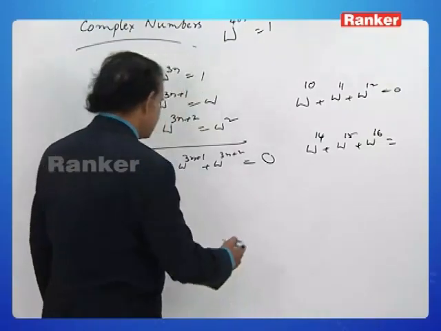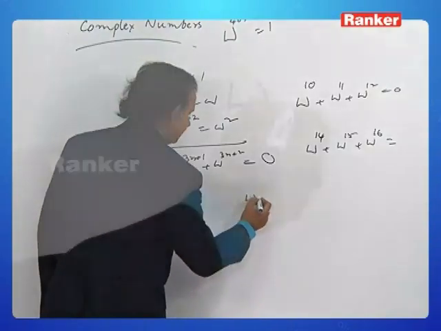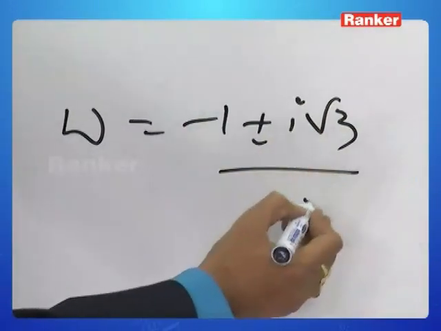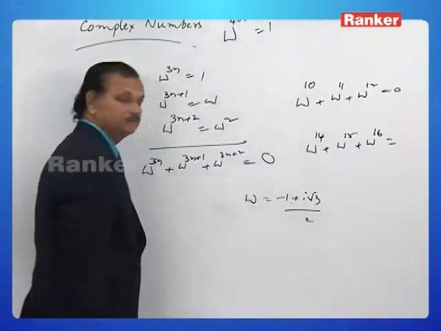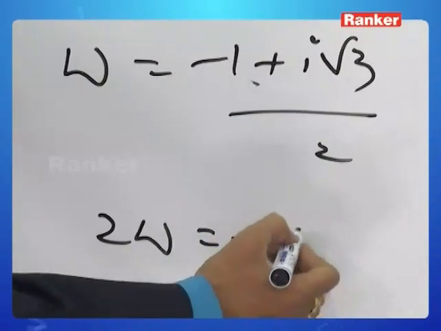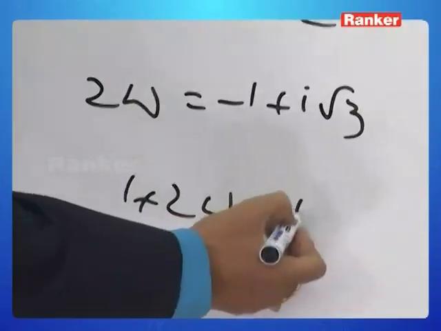One more thing. Suppose you have, what is omega actually? We have minus 1 plus i root 3 by 2. From this we have 2 omega is equal to minus 1 plus i root 3. 1 plus 2 omega is equal to i root 3.